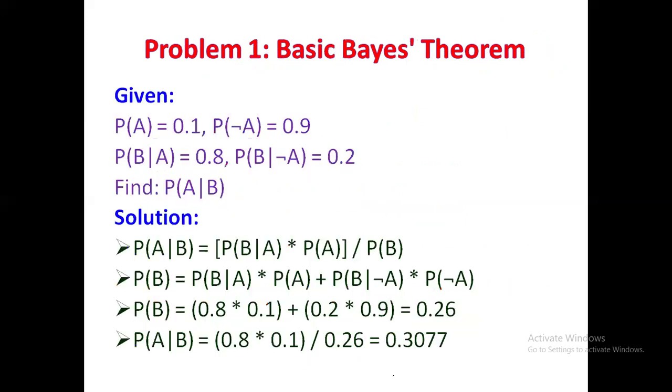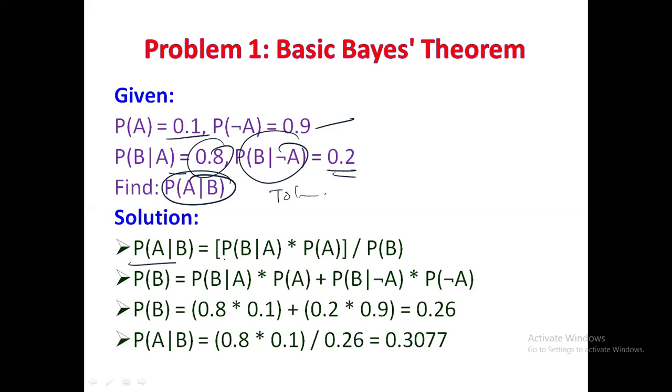So now problem one is given, to be solved using the Bayes theorem. Given probability of A is 0.1, A bar is 0.9, B given A is 0.8, B given A bar is 0.2. Find the probability of A given B by using the total probability.